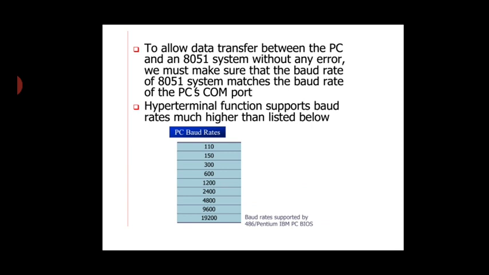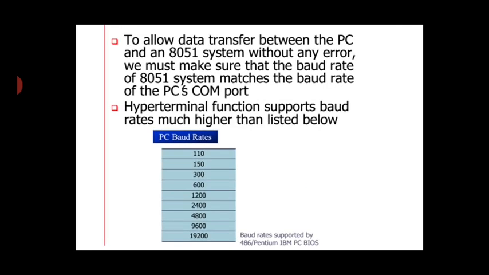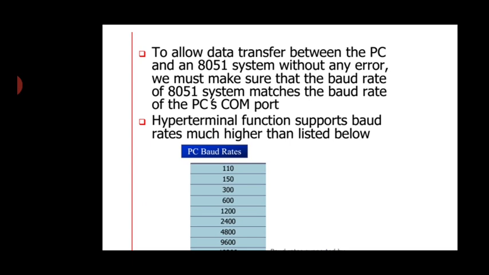To allow data transfer between the PC and the system without any error, as we discussed, the baud rate of the 8051 system must match the baud rate of the PC COM port, because your 8051 is a slow device while your computer is a very fast device. It has to be matched. We call it the COM port through which the PC will be communicating.